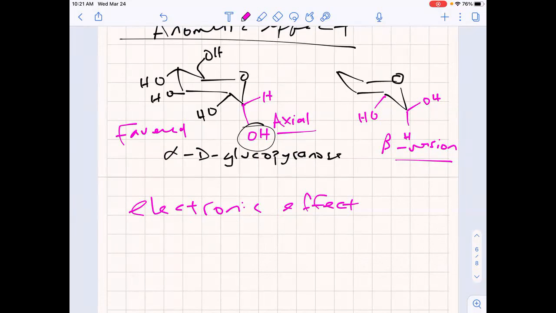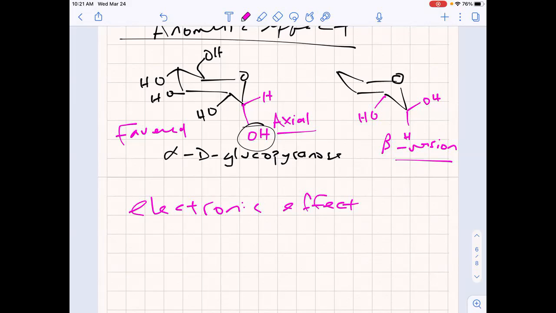And when we look at it, what we can say is that in this case, the axial hydroxyl group is favored, probably similar to the same thing we saw with the alpha halo ketone effect, with the dipoles being opposite.